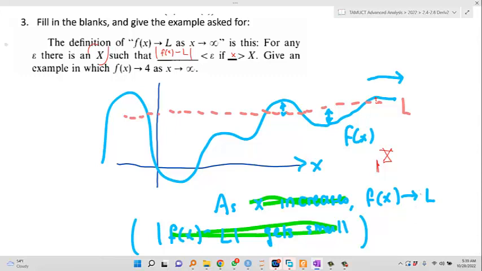The larger this big X gets, the smaller the distance I can expect between these two. The way you do this is you set a vertical distance, epsilon, and you say, well, there is some value of x far out, I don't know how far out, but far out, there's some value of x that makes it so that f of x is always within epsilon of L. Okay. All right, so that's number 3.